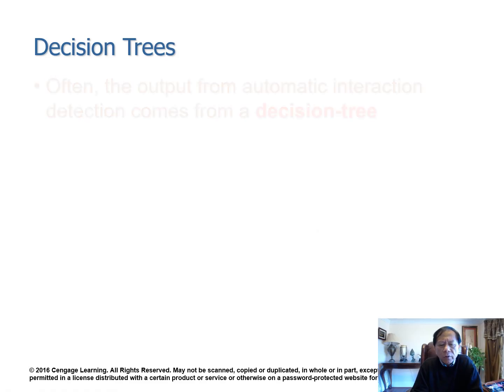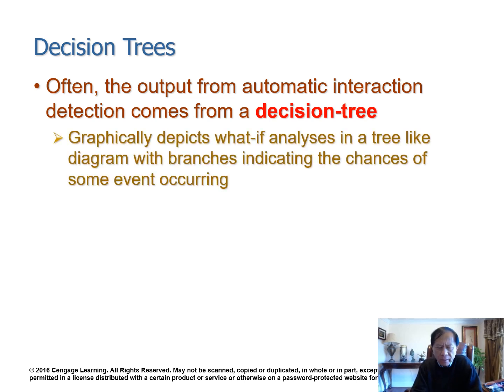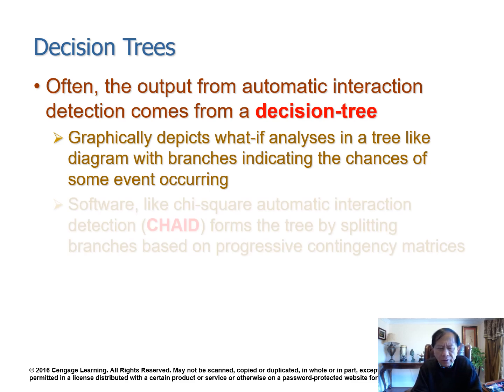Decision trees. The output from automatic interaction detection often comes from a decision tree. It's a graphical depiction of what-if analysis in a tree-like diagram with the branches indicating the chances of some event occurring.